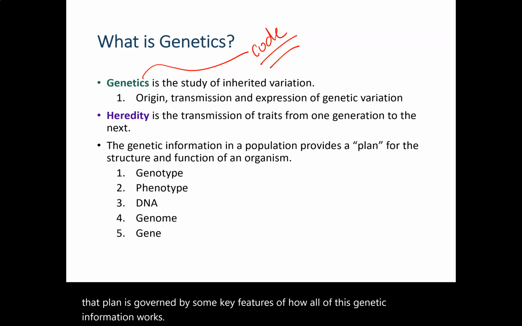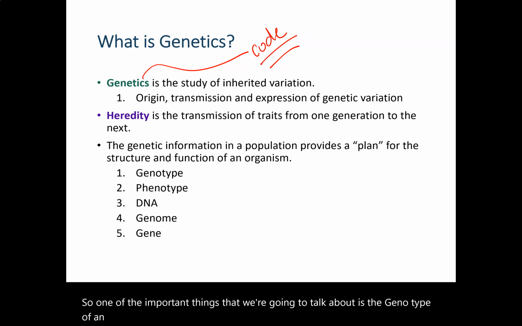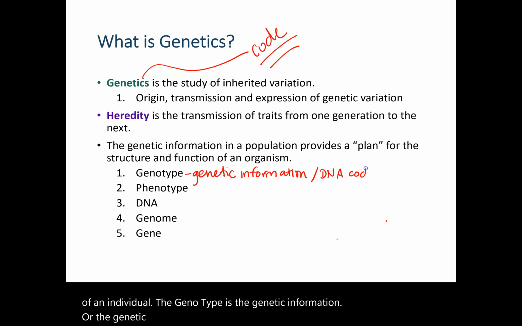One of the important things that we're going to talk about is the genotype of an individual. The genotype is the genetic information or the genetic code, the DNA code within a cell.